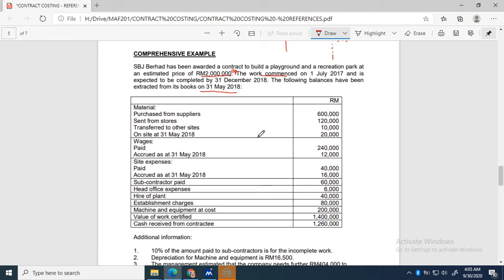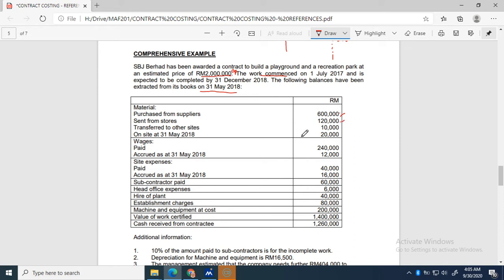All the information given to you is about the cost incurred for that particular period. We have purchased material from the supplier, 600,000, and material sent from store. So that means these go into the construction.